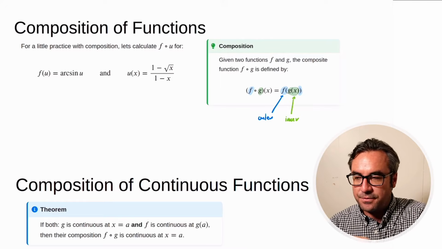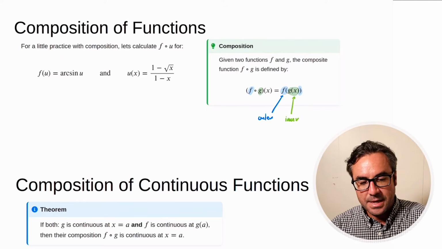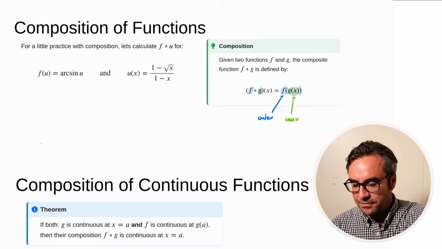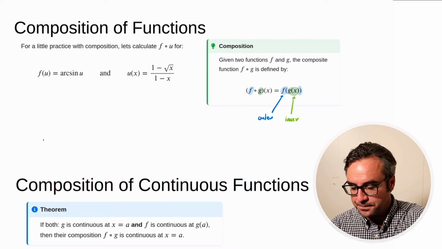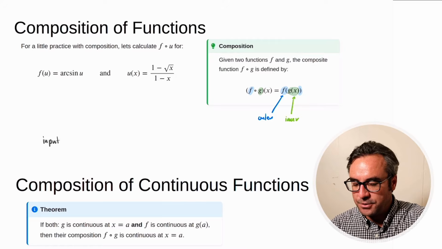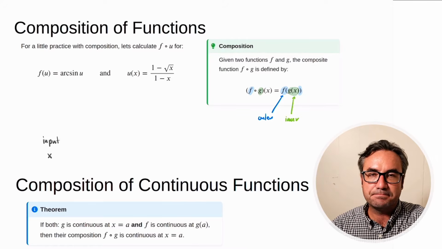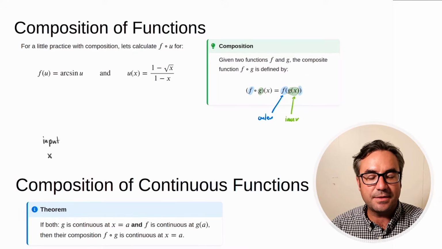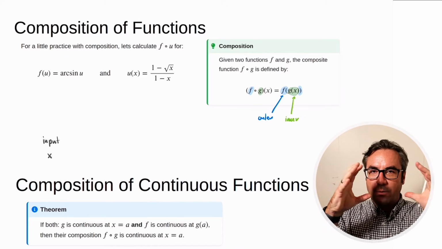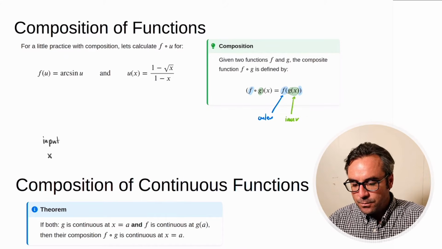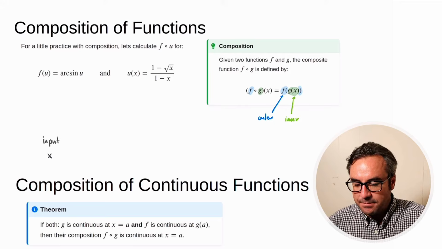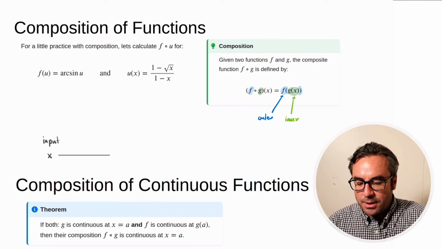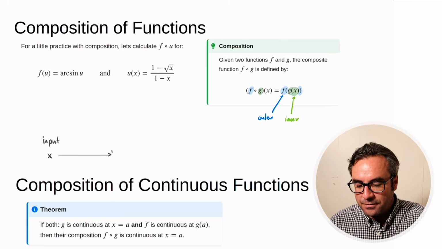Now, how you can think of this is, let's start with a function. And when we start with a function, we take our input x. For a composition, in the formula here, you want to start at that x, and we're going to work our way out. So we take our input x, and we're going to plug that into our function g first.